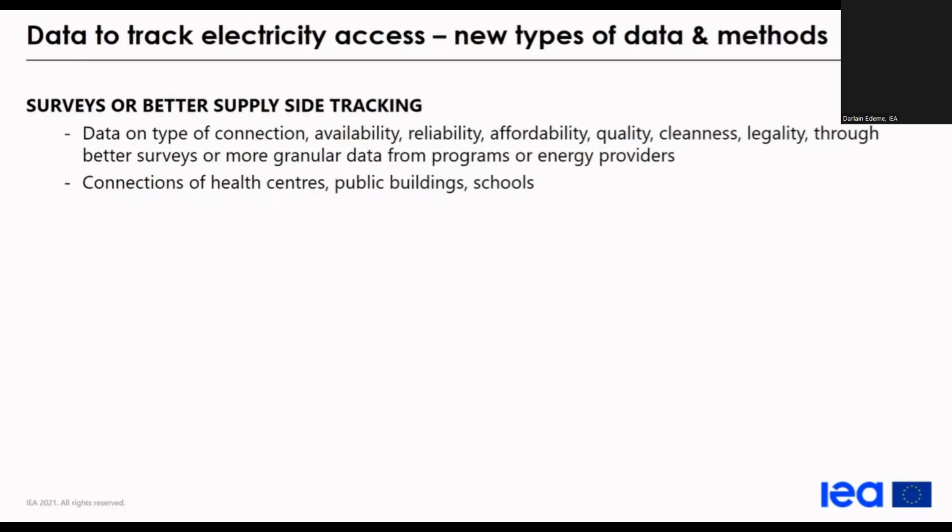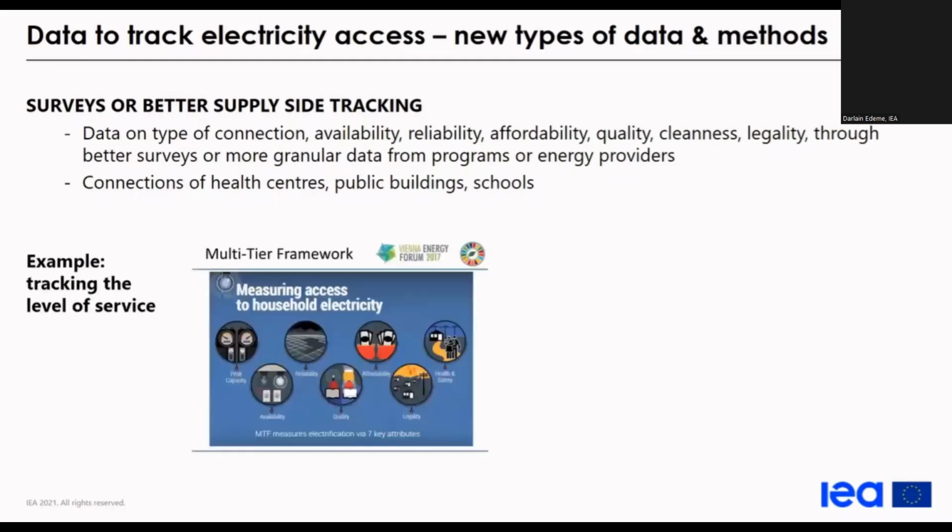And this can come through better surveys with more specific and detailed questions or more granular data from programs and energy providers. Then, beyond households, there is also interesting work being done to understand better how health centers, public buildings, or schools are connected to electricity.